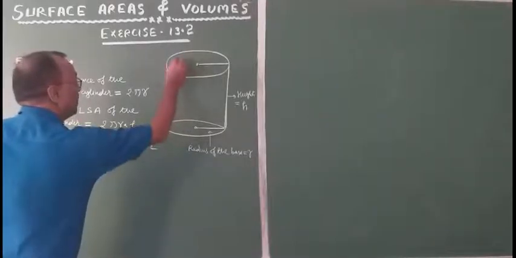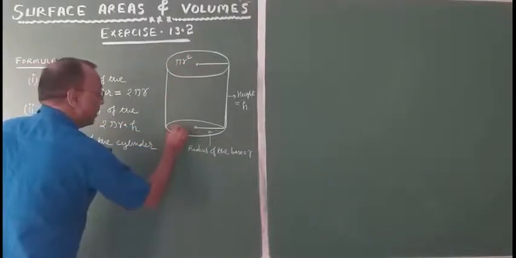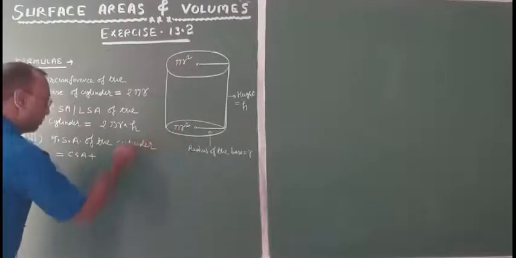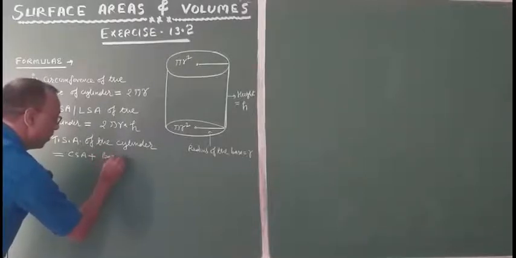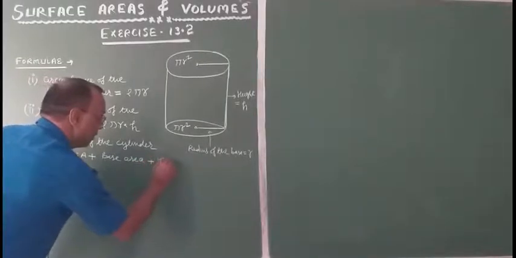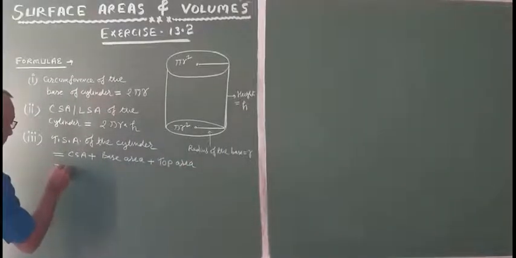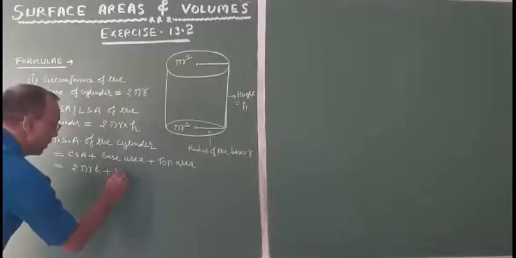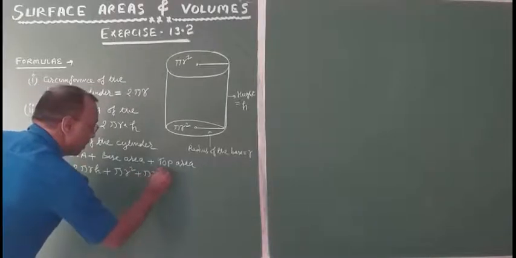What is the area of this? This is a circle. Its area will be pi r square, and the other one is also pi r square. So CSA plus base area plus top area. The CSA is 2 pi r h, plus pi r square plus pi r square.